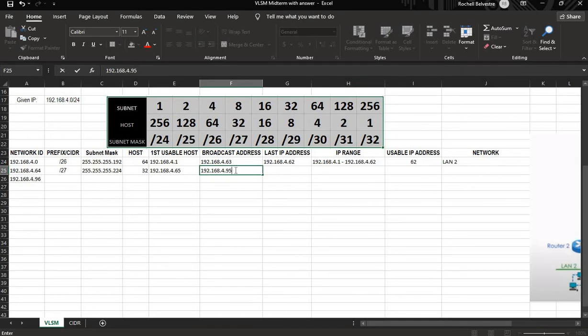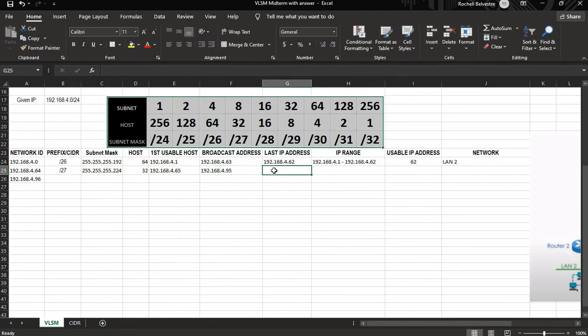The broadcast address is the network ID less 1, so we got 192.168.4.95. And then the last usable IP address is 192.168.4.94. The IP range is basically the first usable IP address and the last usable IP address.